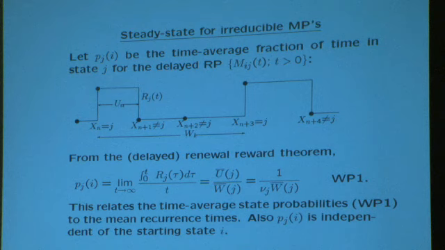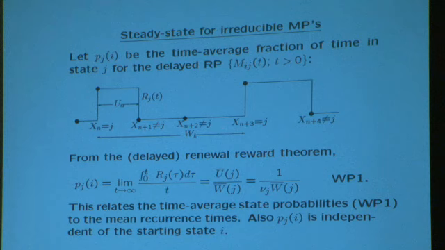What does the delayed renewal reward theorem say? It says that the expected reward over time is going to be the expected reward in one renewal divided by the expected length of the renewal path.